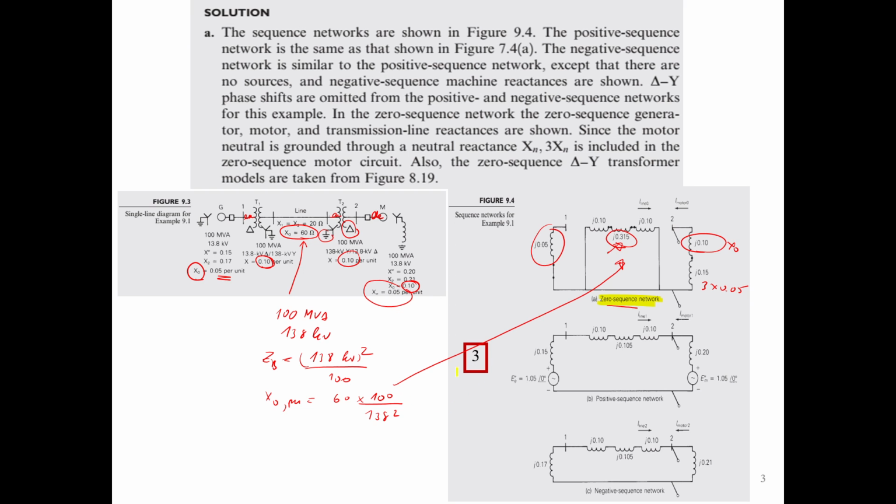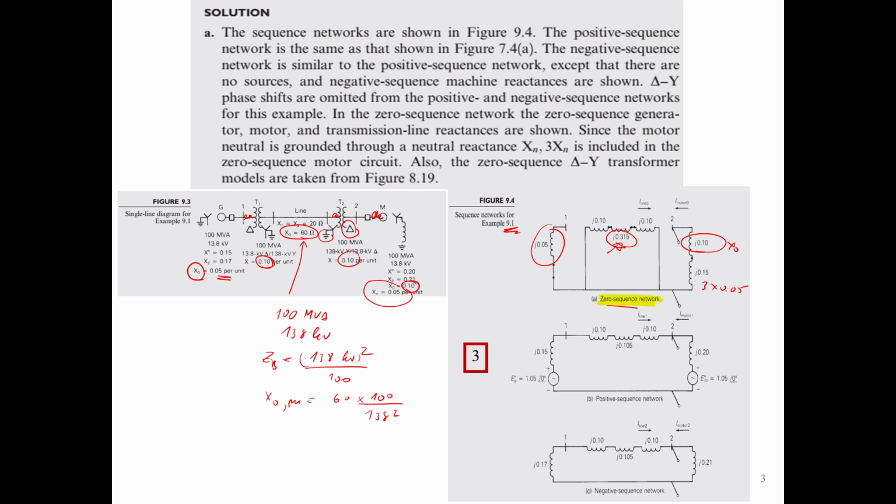If you have the delta, then there is no way for the neutral current or the I0 to flow. Since this is the delta, there is no way that the current will flow, so we have to represent this by the open circuit. And the other side is solidly grounded, so you just put this into the ground. I recommend you to recheck this again.